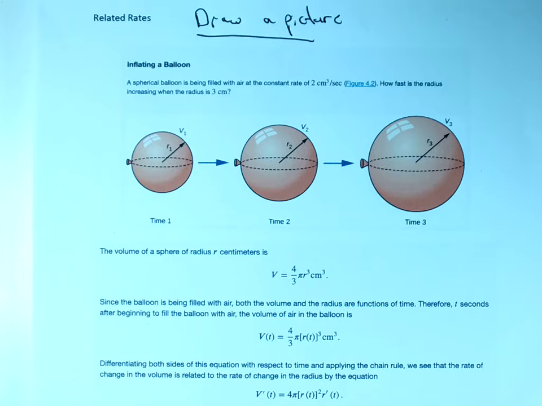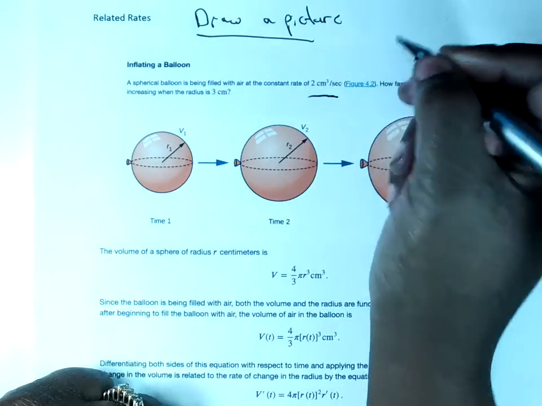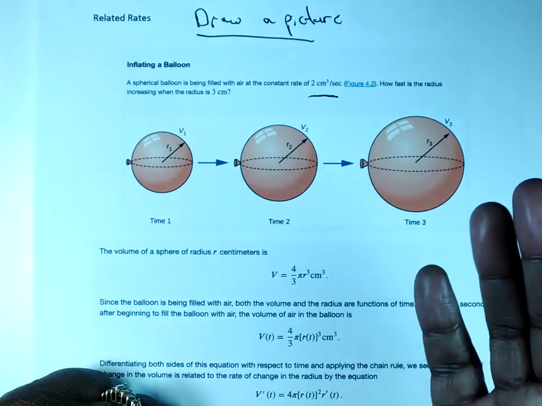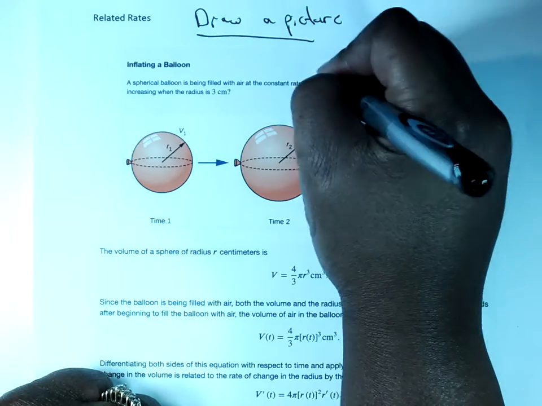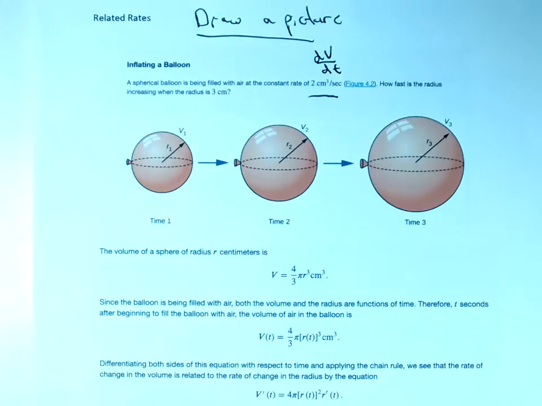So a sphere is being filled up at a constant rate of 2 cubic centimeters per second. So I'm talking about cubic centimeters. Right away, I know that that is related to the volume. So 2 cubic centimeters per second is going to be my dV dt. And we want to know how fast is the radius increasing when the radius is 3 centimeters.